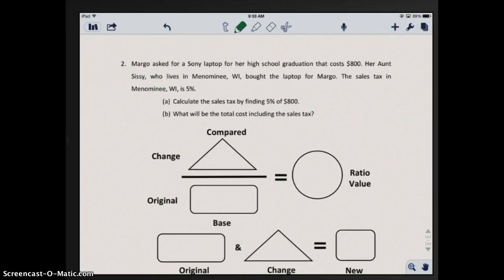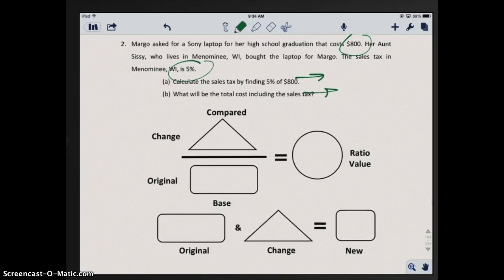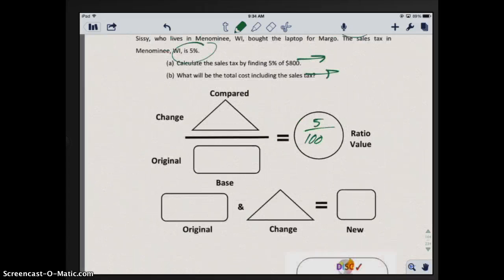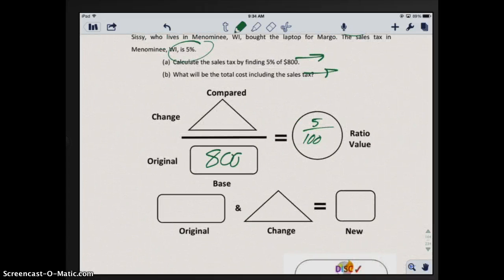Margot asked for a Sony laptop for her high school graduation that costs $800. Her aunt Sissy, who lives in Menominee, bought the laptop for Margot. The sales tax is 5%. Calculate the sales tax and also the total cost. Okay, so we're asked to do two things. Sales tax, all right, 5% of 100, $800 total is how much it costs.